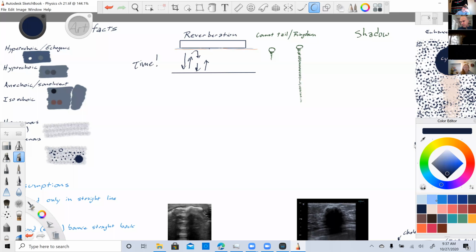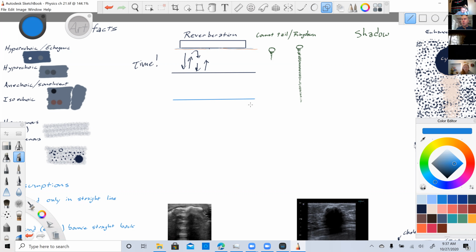So I'm going to change the color of this line. In that extra time, the machine is now listening to echoes that have bounced back and forth twice. Therefore, this line is twice as far away.